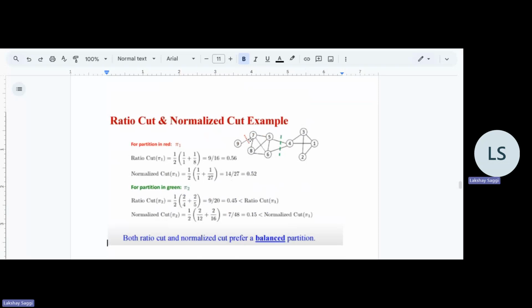So let's see, for this red cut's partition, which has vertex 9 on one side and all of these vertices on the other side, what will be the value of the ratio cut? The formula was 1 over k. Note that k is just 2 because we have found two communities, so it will be 1 over 2.